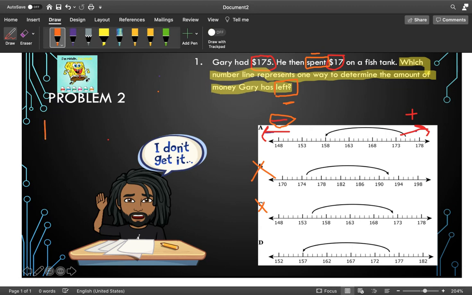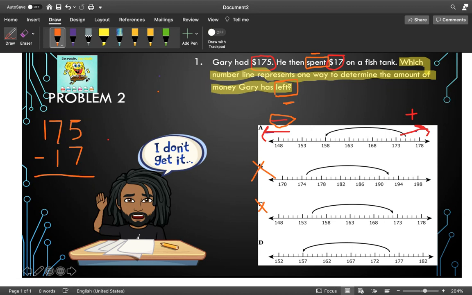So we have $175 subtracted by 17. All right. So 5 minus 7. Can we do 5 minus 7? No, because 5 is less than 7.